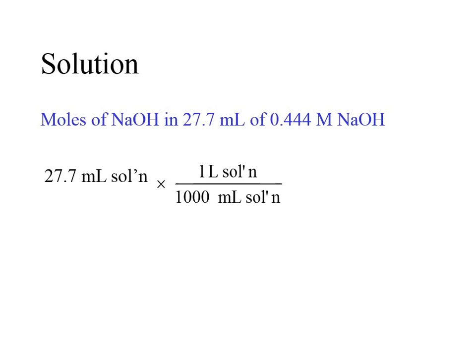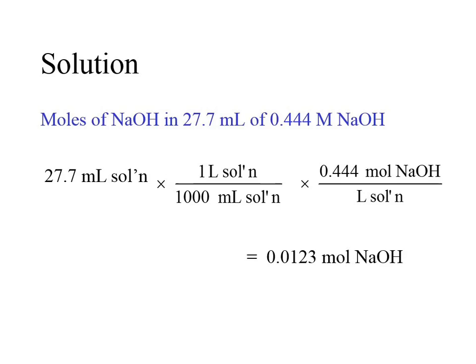So then milliliters will cancel. Then we're ready for molarity: 0.444 moles NaOH over 1 liter of solution. So now everything has canceled except for moles of NaOH. Round it to 3 significant figures. I get 0.0123 moles of NaOH.